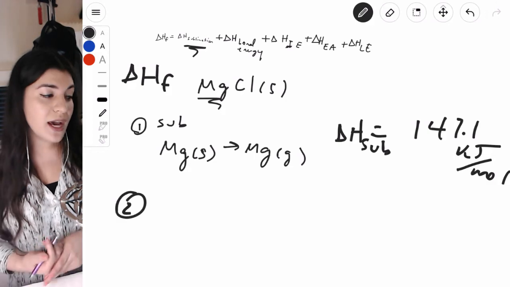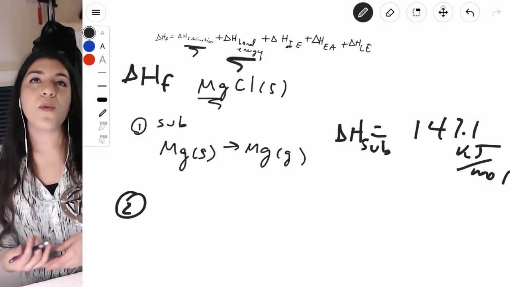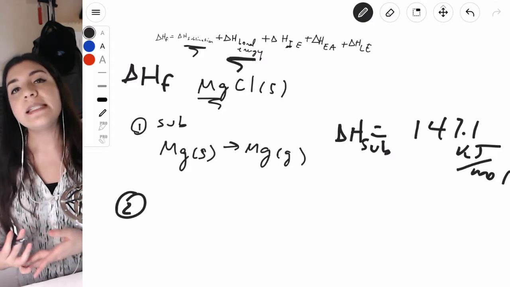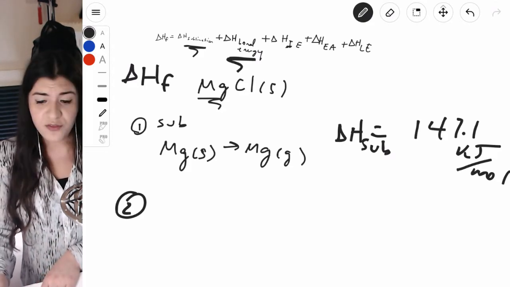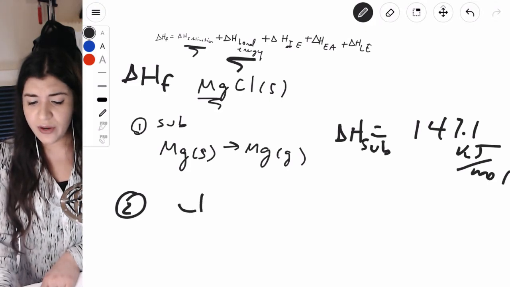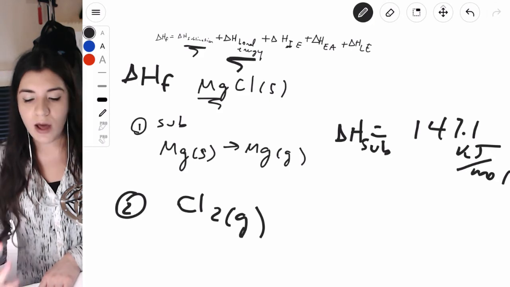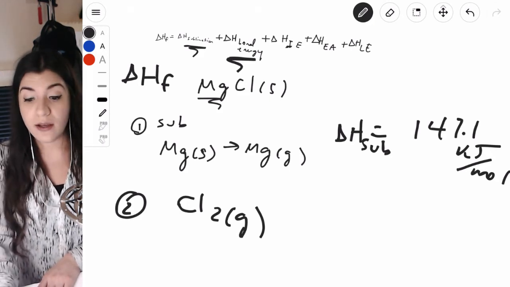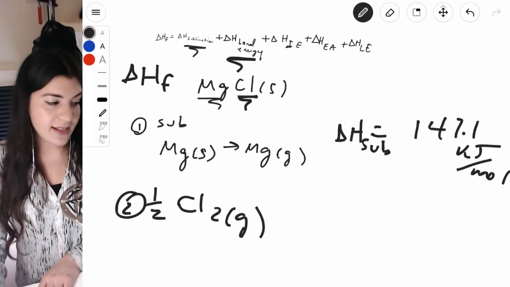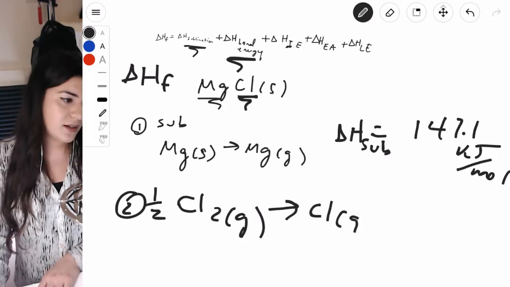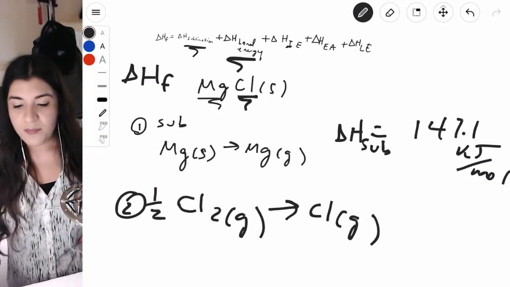Next, I'm going to go to bond energy, which, remember, is the whole breaking bonds and forming new bonds. In this case, I would have found that chlorine is diatomic and already exists as a gas. However, I only need one, so I'm going to chop this in half and say this is 1/2 chlorine.